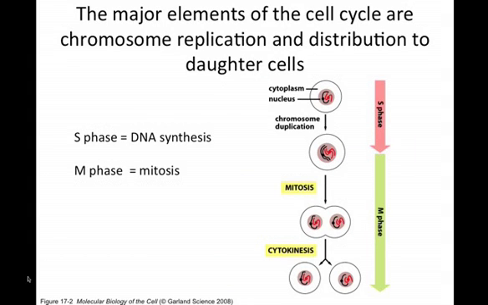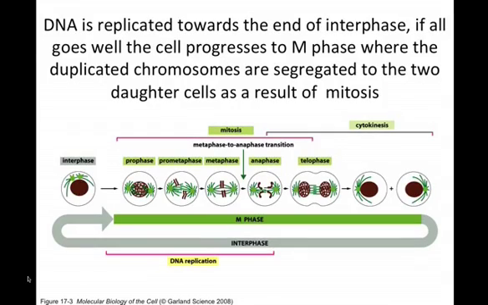So the major elements of the cell cycle, and what we're using this as kind of a jumping off point for, is S phase, which is DNA synthesis, right? DNA replication. And M phase, mitosis. So towards the end of interphase, there was a few years ago when I taught this, a lot of confusion about what interphase was.